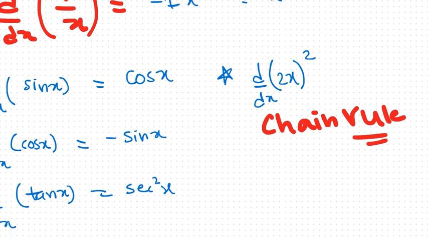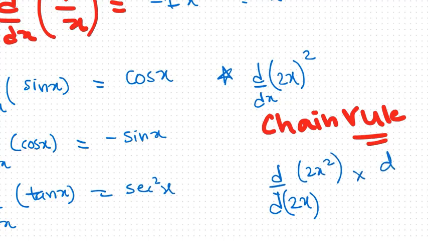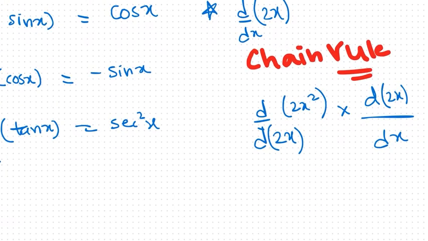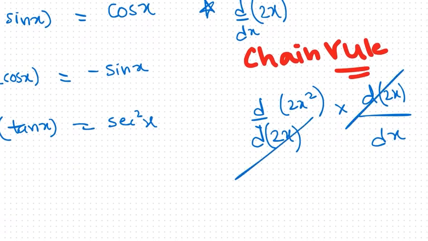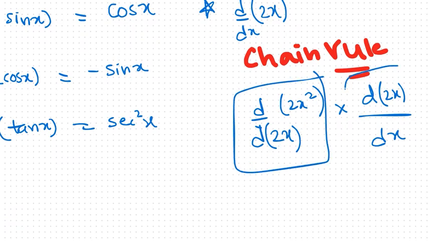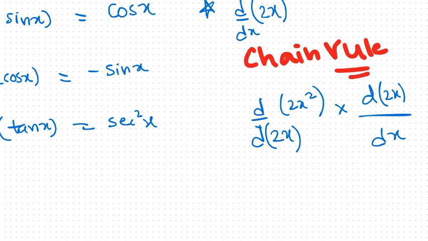The process is, it's like d by d of 2x, like this, and then like this. See, these two will get eliminated, but we are introducing them. So you deal with the first two, and then you deal with the last two.